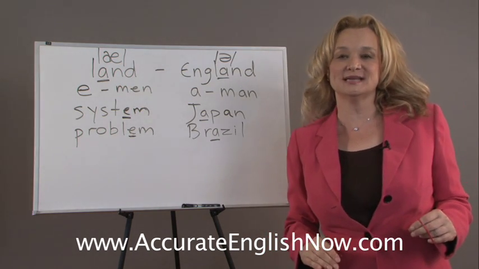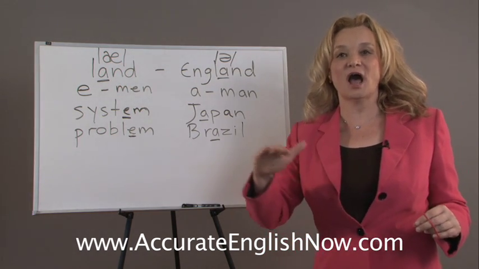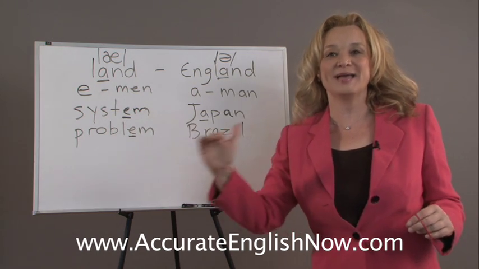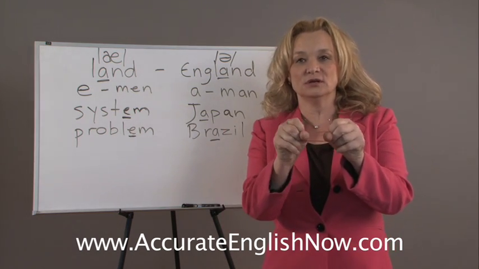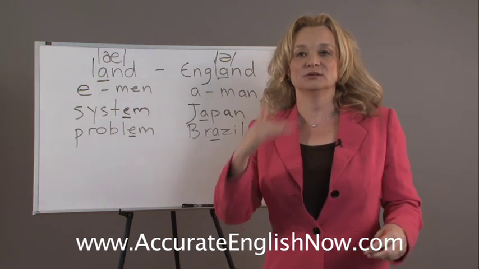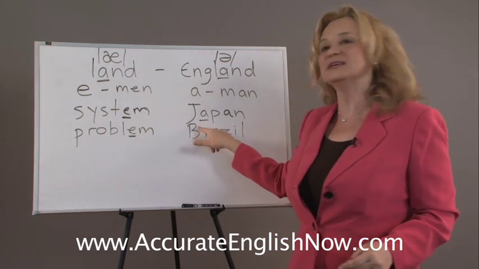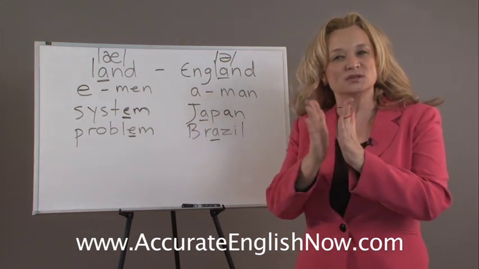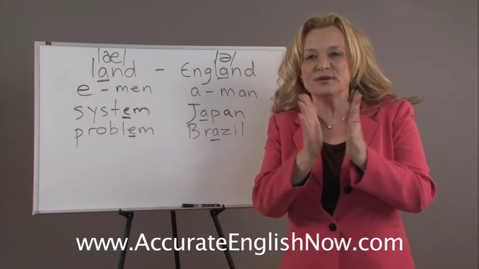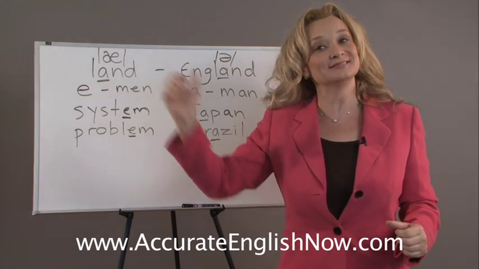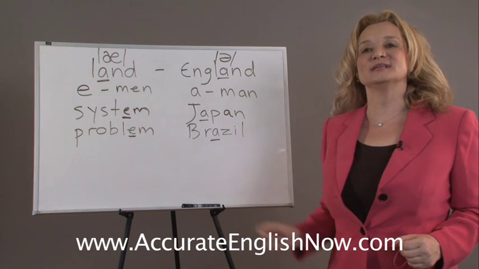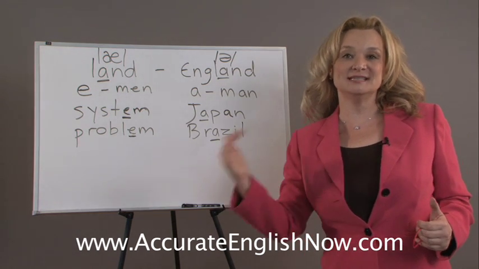So we don't say I am from Japan. We do it like this, Japan, Japan. Make this one disappear. It's almost non-existent. It's very, very short. Japan. Same thing with this. What do we say? Brazil?